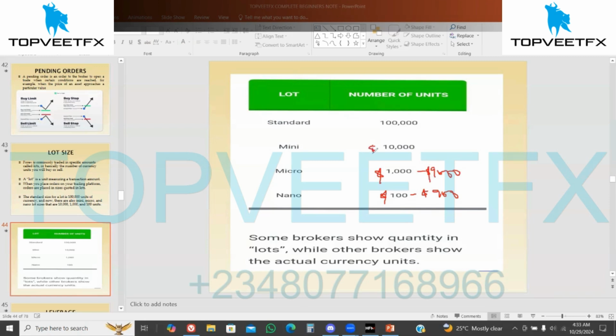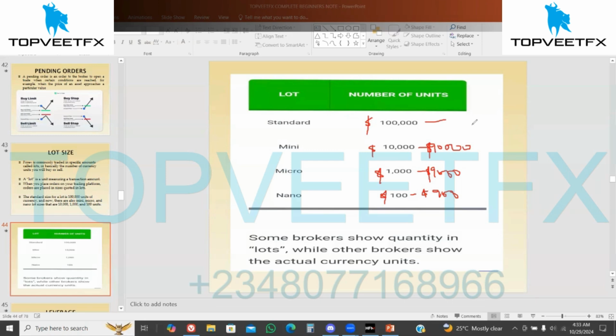From $10,000 to $90,000 account, this is what we refer to as a mini account. Now, from this $100,000 account to as much as you can have in your balance.